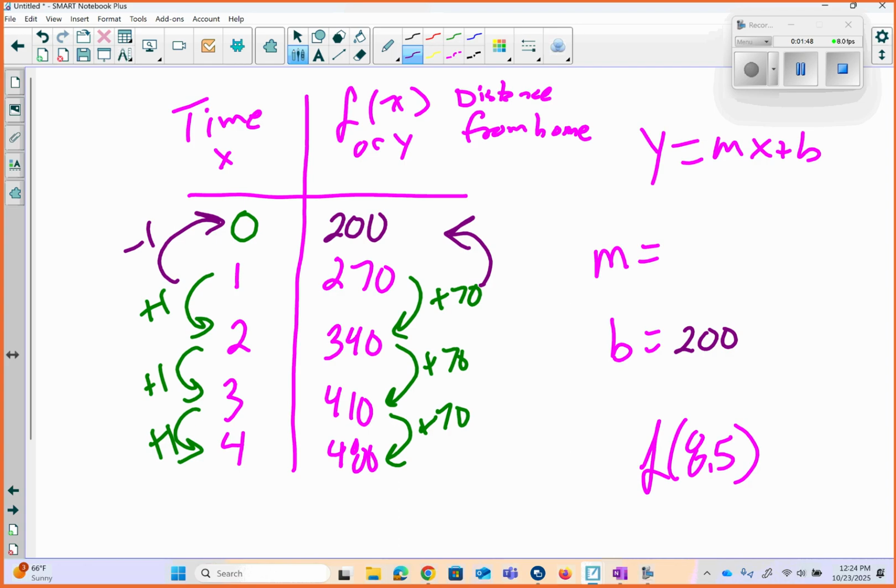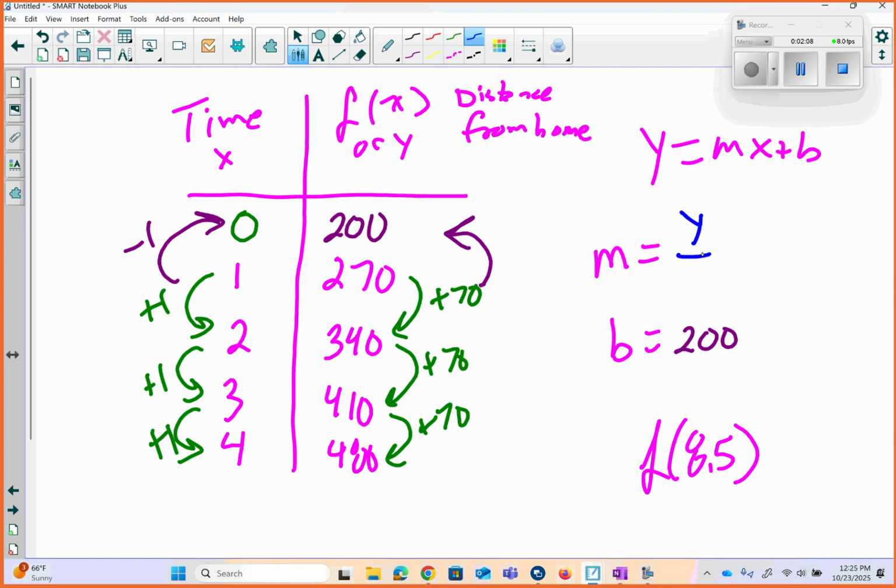What did we say slope was? It was the what over what? Real close. Flip-flop it. Y over x.